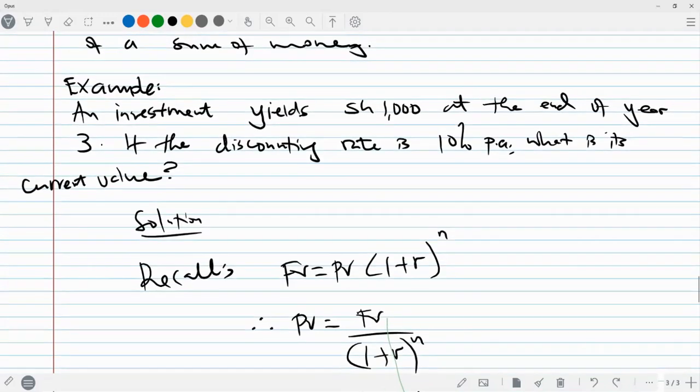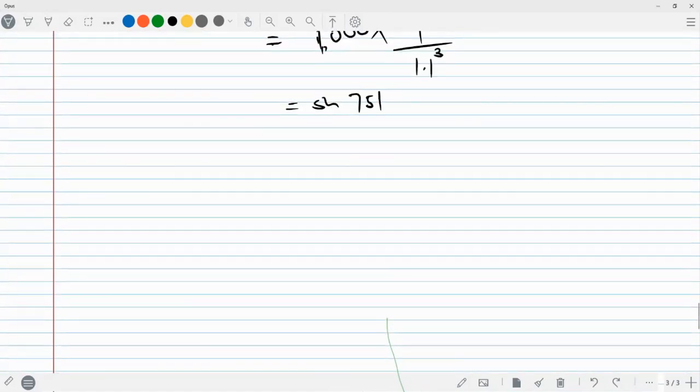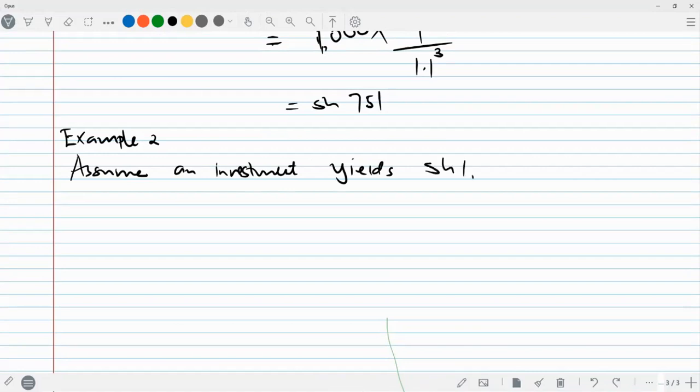We do another example. Let us give that one example 1, and now we do example 2. Same investment. An investment yields 1,000 shillings every year for 3 years.